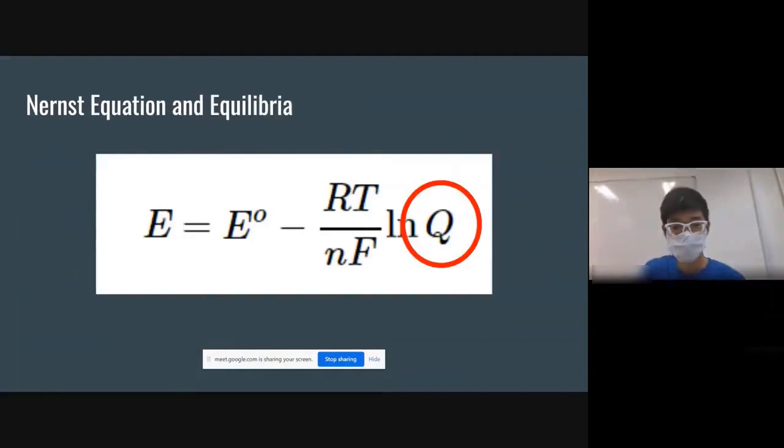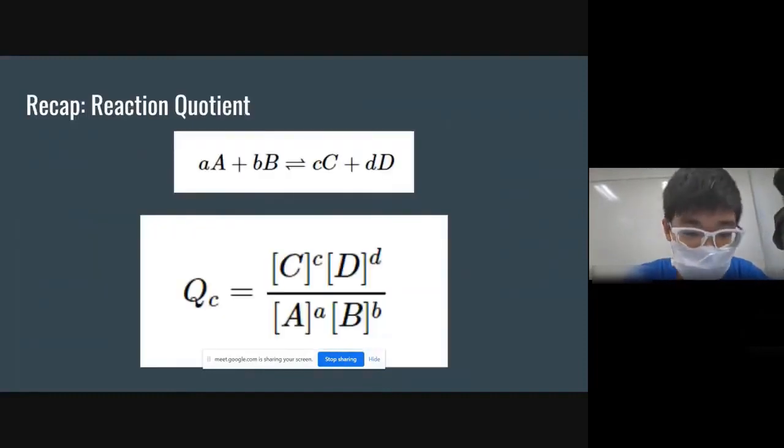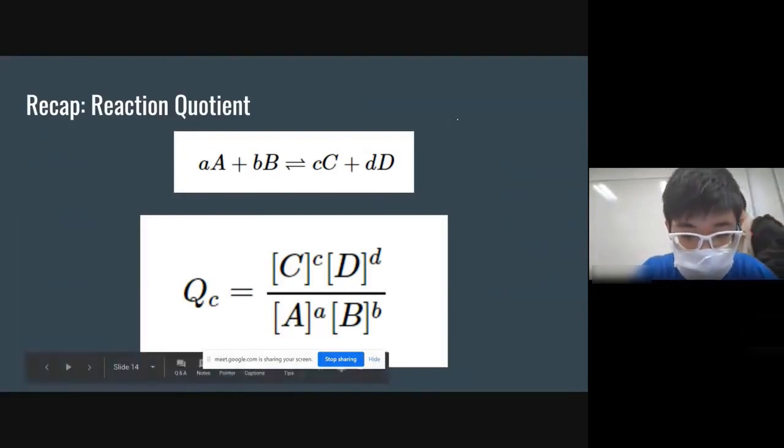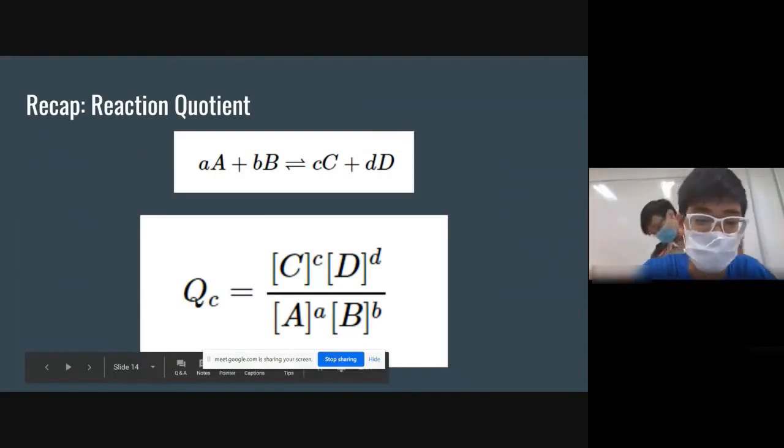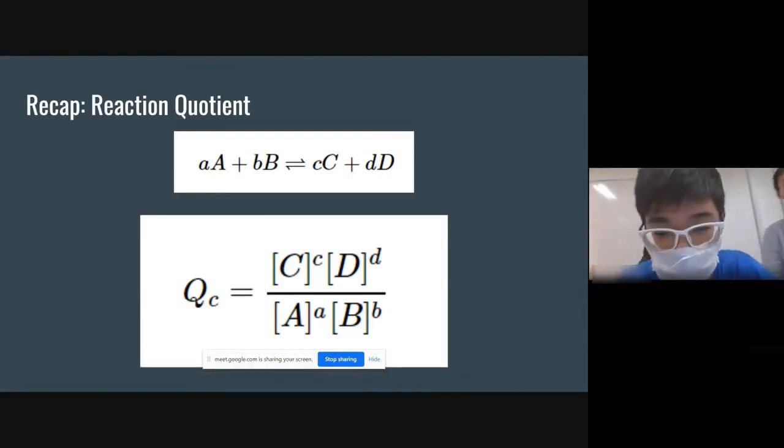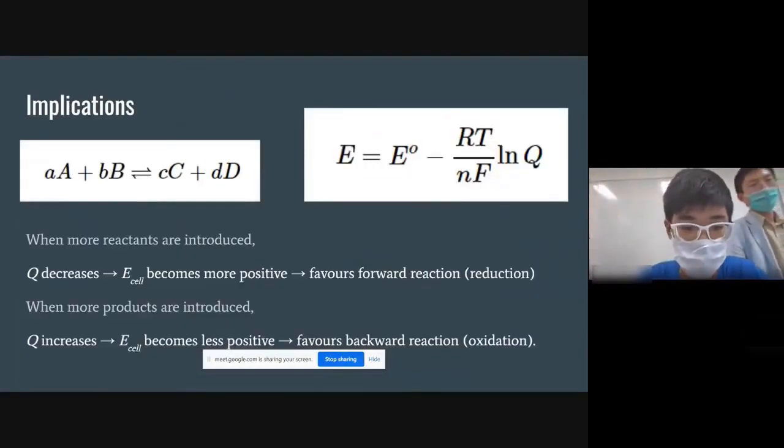Okay, so next we'll be talking about the reaction quotient which was mentioned just now. If you notice in the Nernst equation, you can see the reaction quotient Q. If you recap what we learned in H2, the reaction quotient Q is described by this equation, which is essentially the concentrations of the products over the reactants, each raised to some power depending on the equation that you see there.